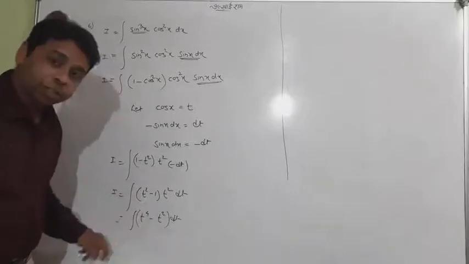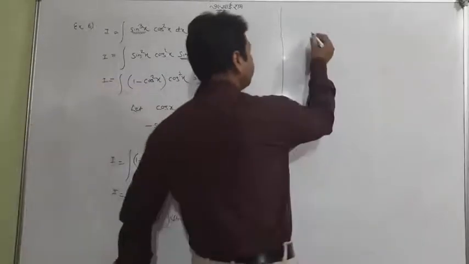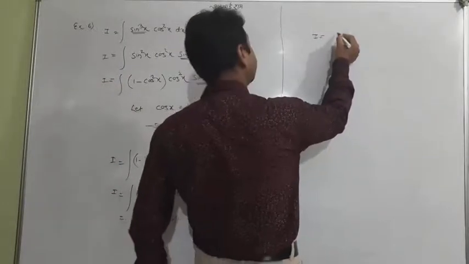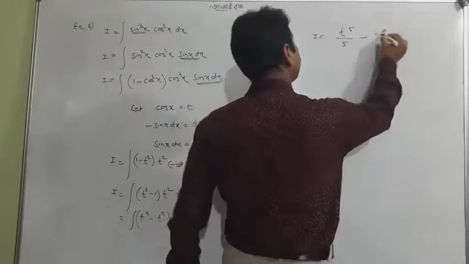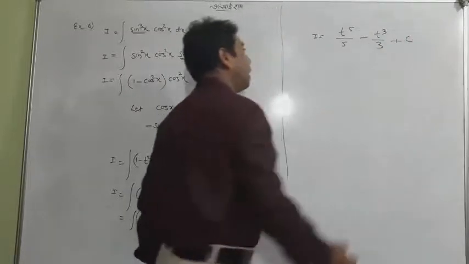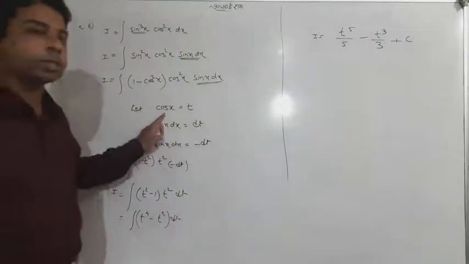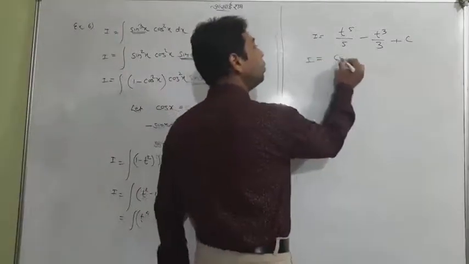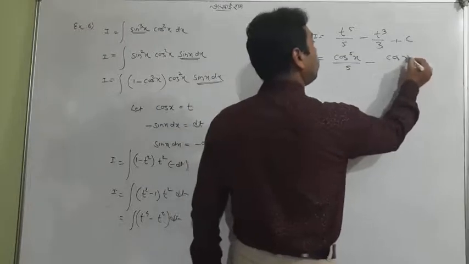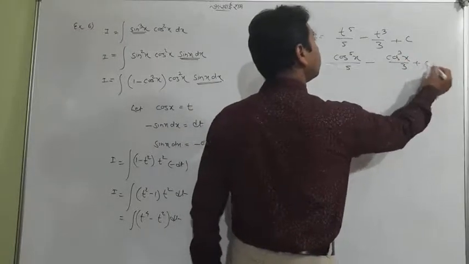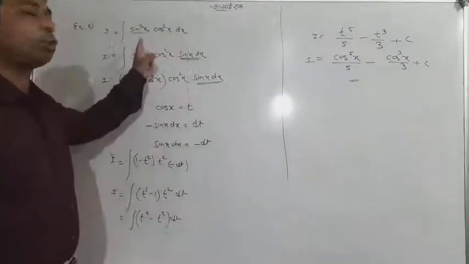The integration of t to the power 4 is t to the power 5 upon 5, and t square has integration t cube upon 3, plus c. And lastly you put t equal to cos x. So it is going to be cos x whole power 5 upon 5, cos x whole power 3 upon 3, and plus c. This is the answer of this question.